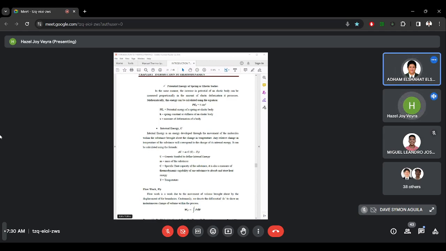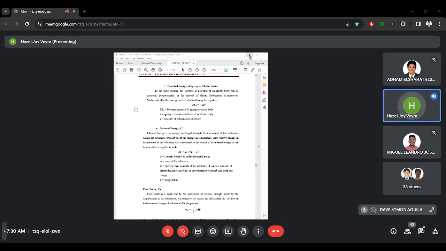This energy can be measured using the equation PE equals half kx squared. PE is equal to potential energy of a spring or elastic body. K, spring constant or stiffness of an elastic body. X, measure of deformation of a body.